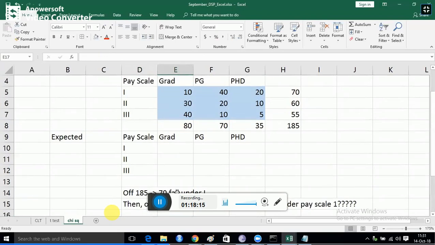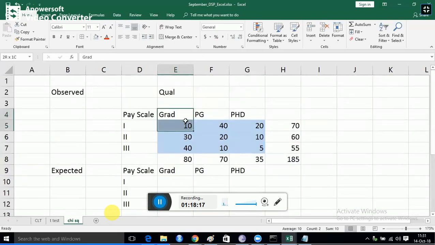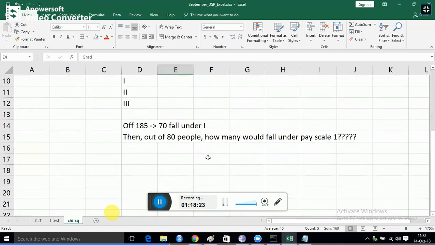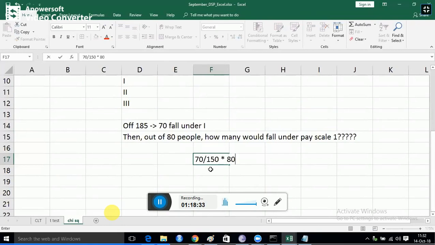Why did I specifically take 80? Because 80 is the total number of graduates available in my data. Clear? So how do you calculate this one? Unitary method, I guess. So 70 divided by 185, into 80. Sorry, not 150, I'm so sorry, 185.